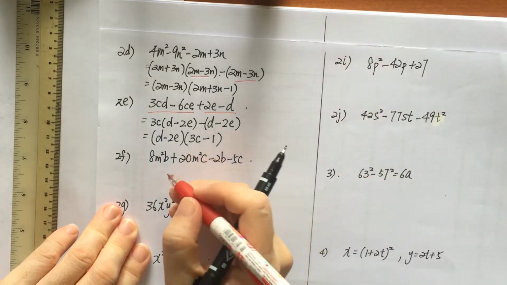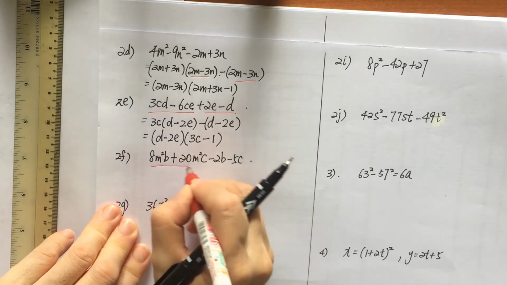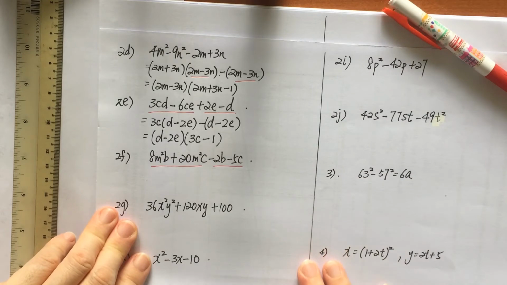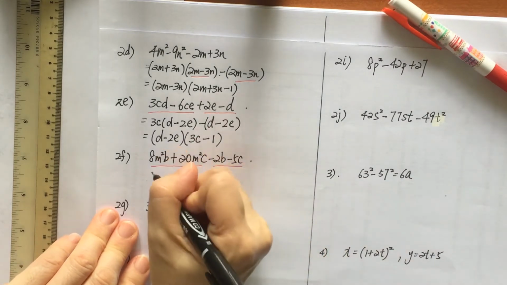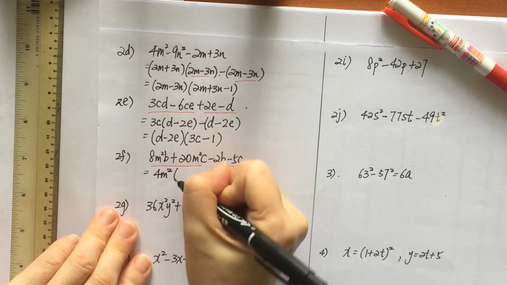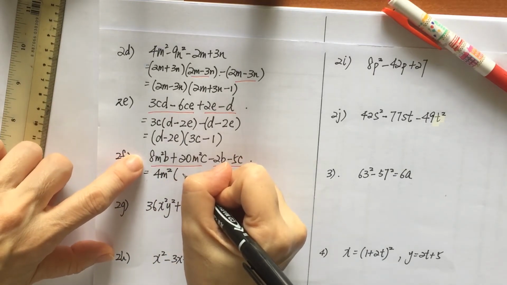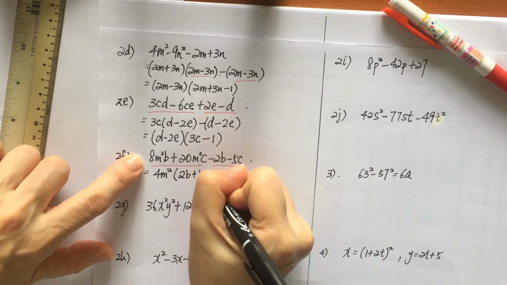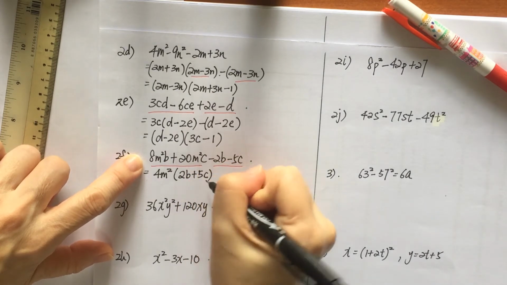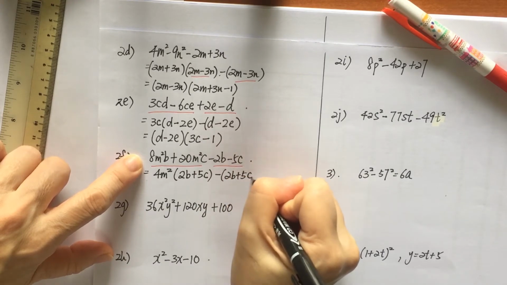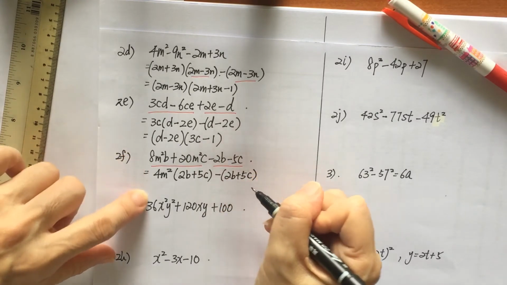Next is a similar 4 terms. So I do 2 by 2. For this 2, I take a 4m square out, so I will have 2b plus 5c. And this one also 2b plus 5c if I take the negative out.